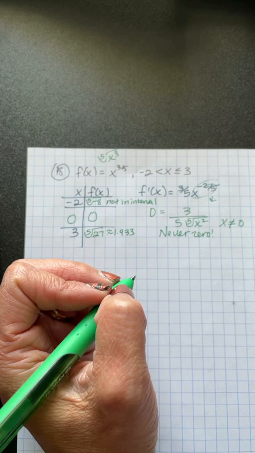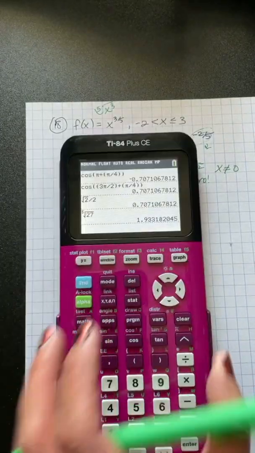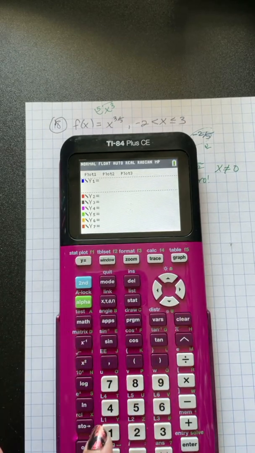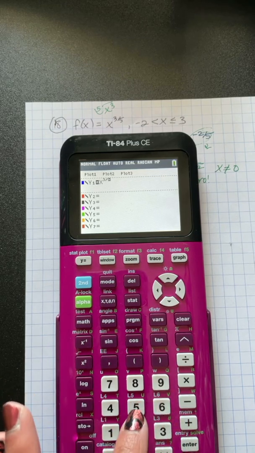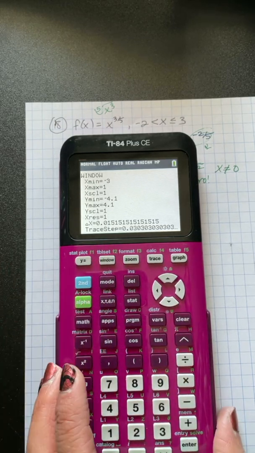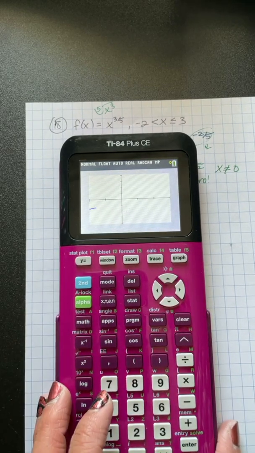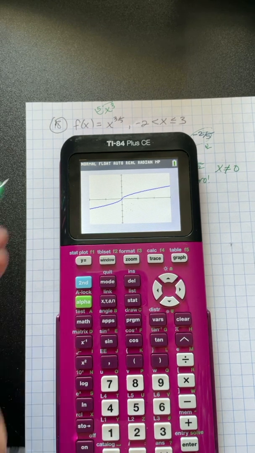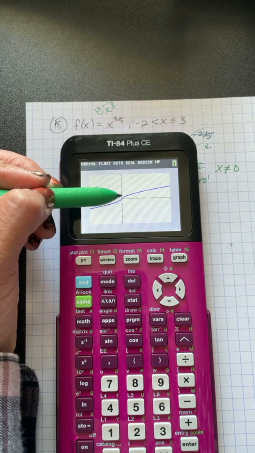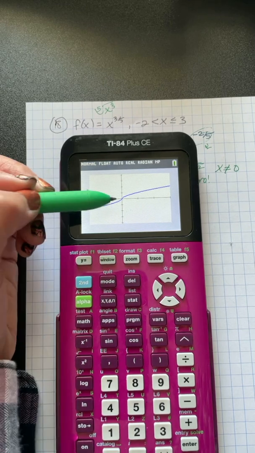Okay. And I need to see what this looks like in the graph, though. So I'm going to go ahead and graph it. So y equals x to the 3/5 power. And let's change the window. The interval is from -2 to +3, graph. Okay, I see why x can't equal 0. There's a vertical tangent right there, like a shelf, so we can't do anything about that.